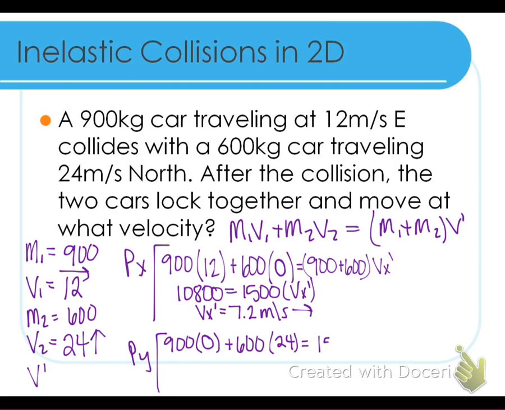Okay, we're going to combine our two masses here right off the bat, and we'll say 1,500 times v sub y prime. .666. And since that's positive, we know it's going in what direction? Up. Perfect.